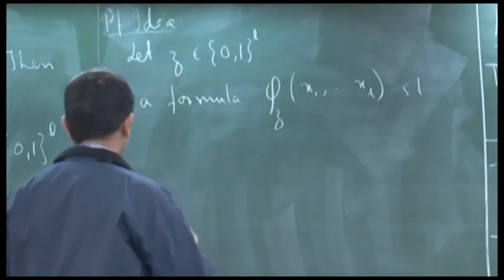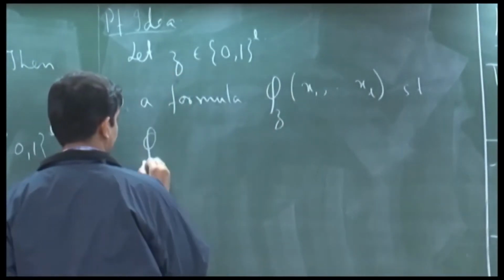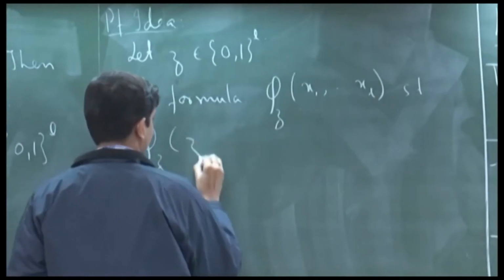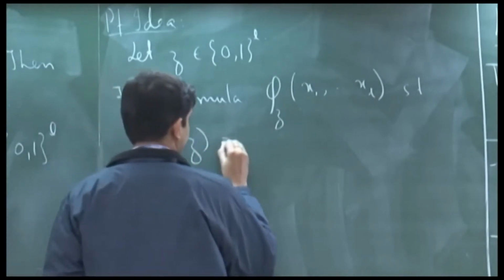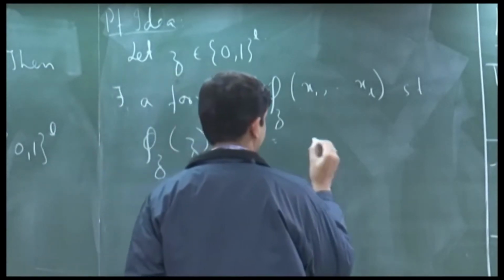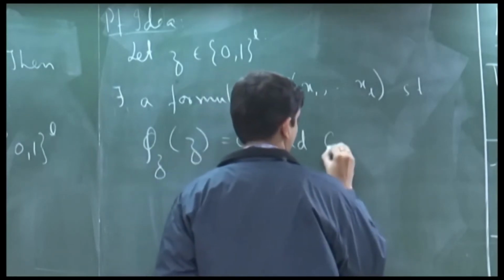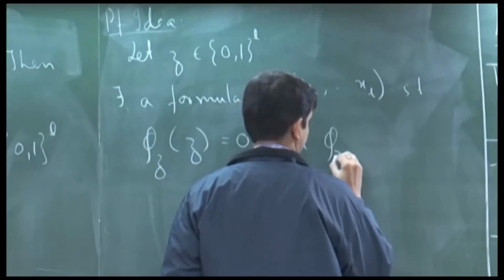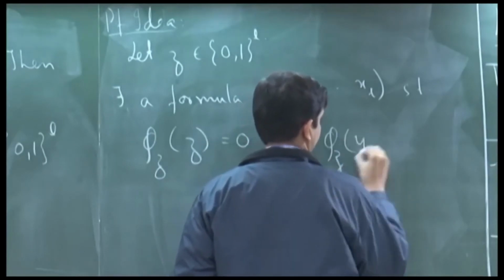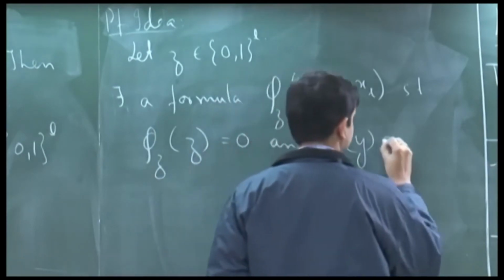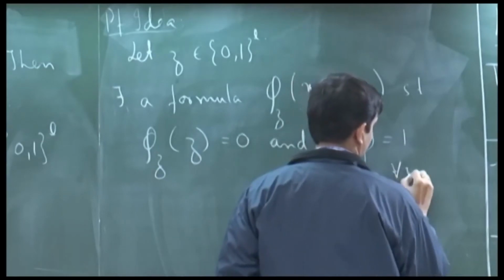such that phi Z on Z is equal to 0, and for any other y that is not equal to Z, it is 1.